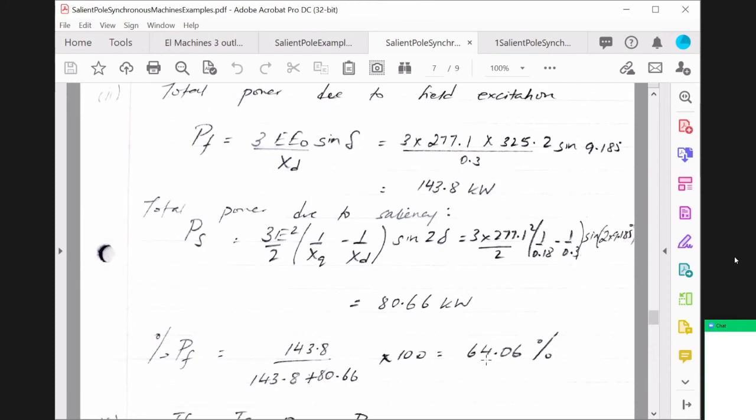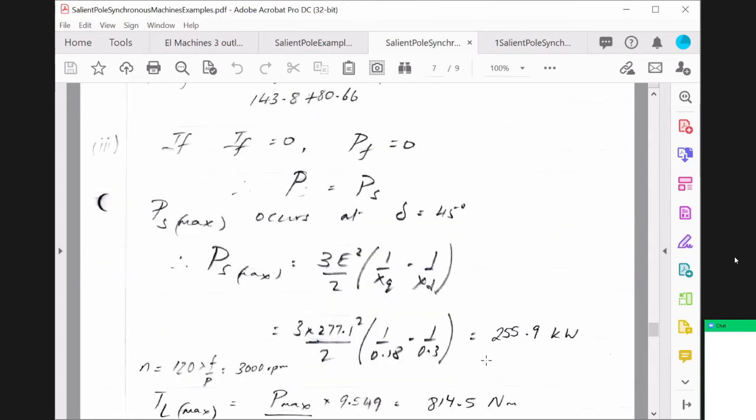And the last part tells you that we've reduced the field current to 0. So the power being supplied by the motor is due to saliency only. When the machine operates on saliency only, as we discussed in Machines 2, the maximum power will be at 45 degrees.